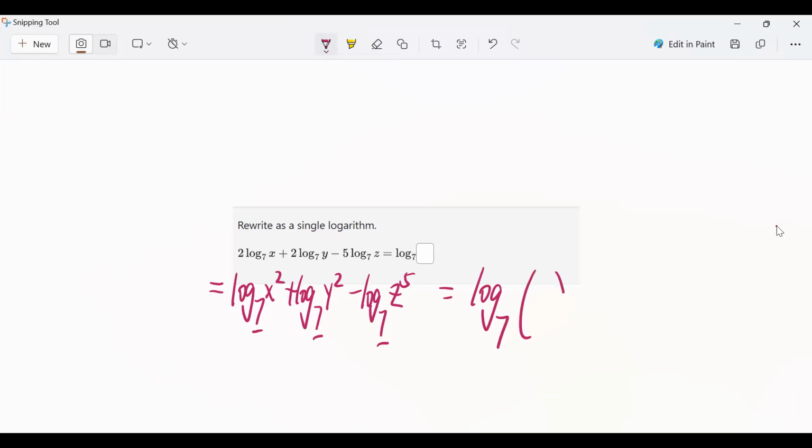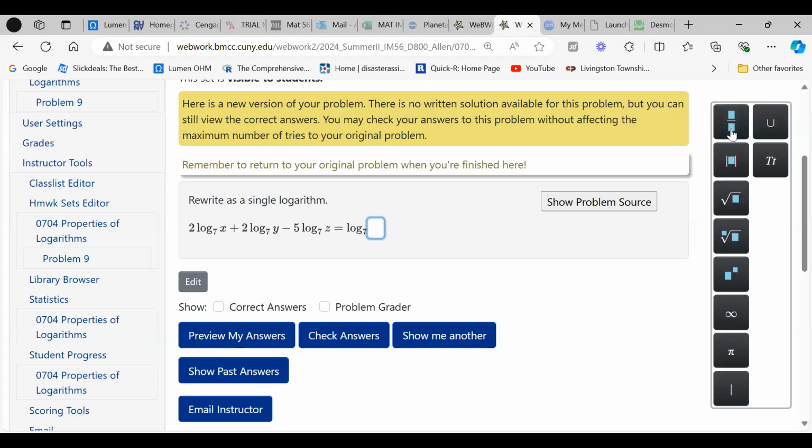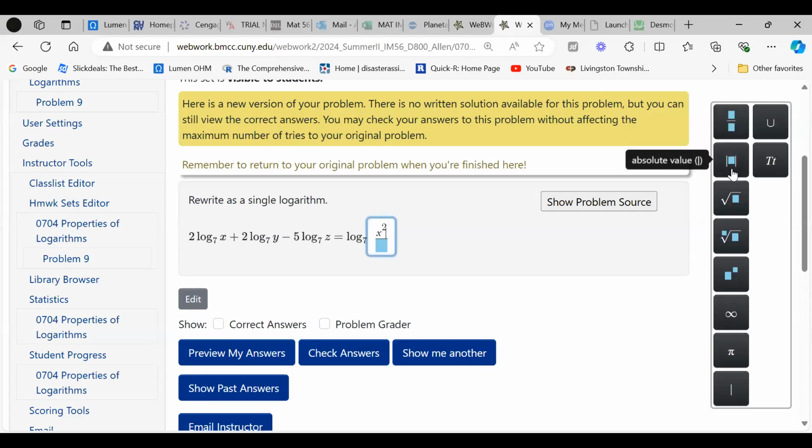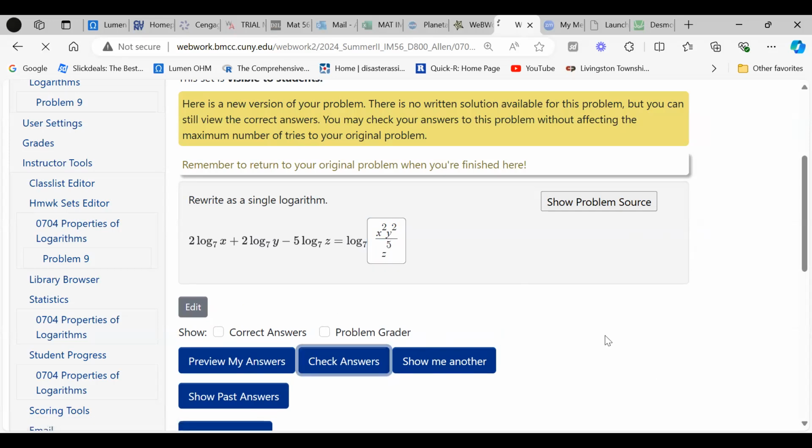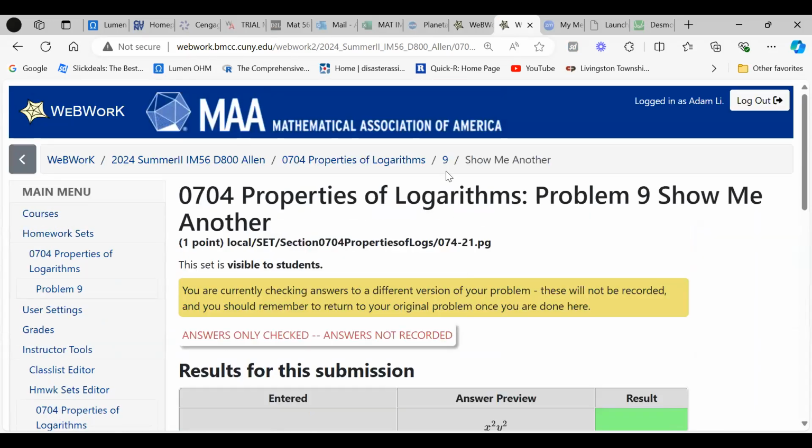Then x squared times y squared, and subtraction becomes division, z to the 5th. So that's x squared times y squared over z to the 5th. And then check the answer. That's good.